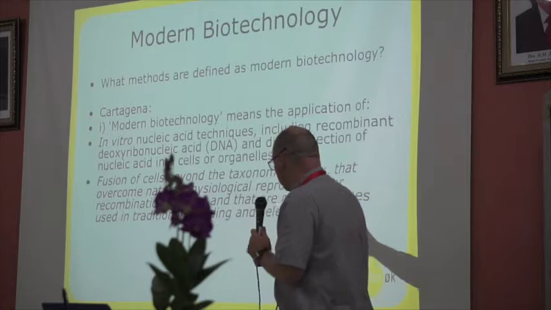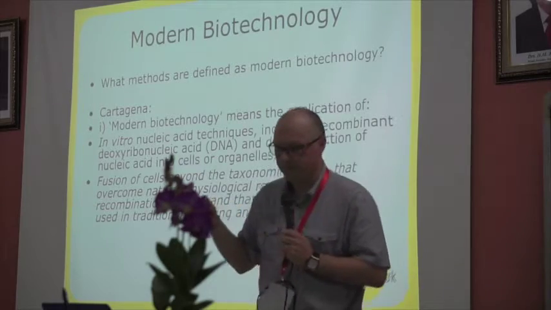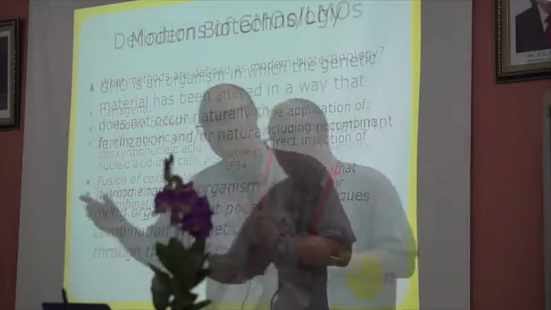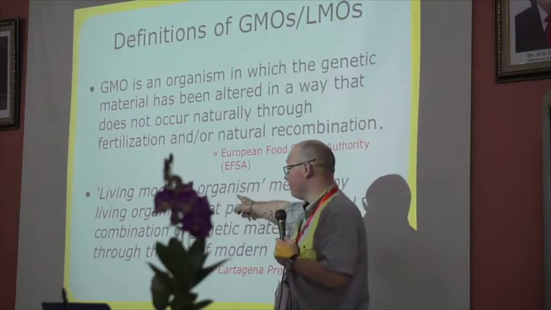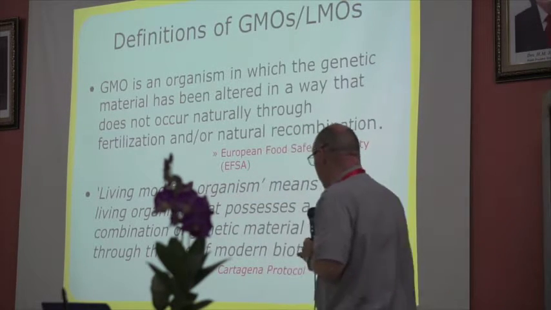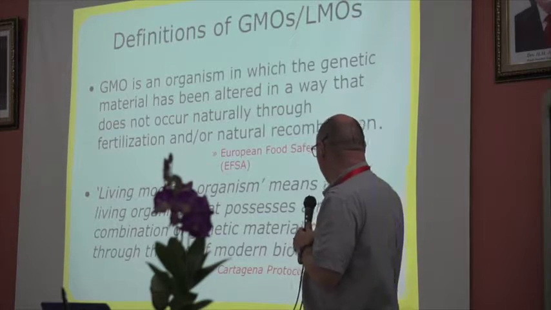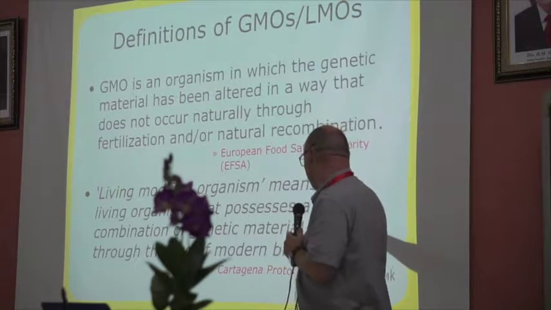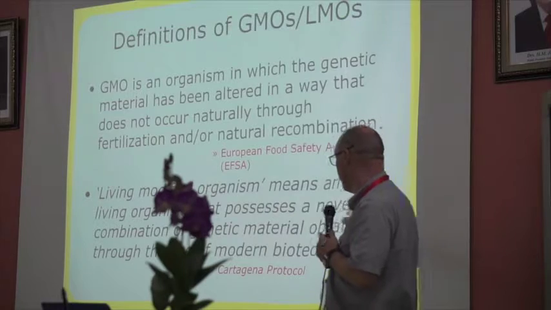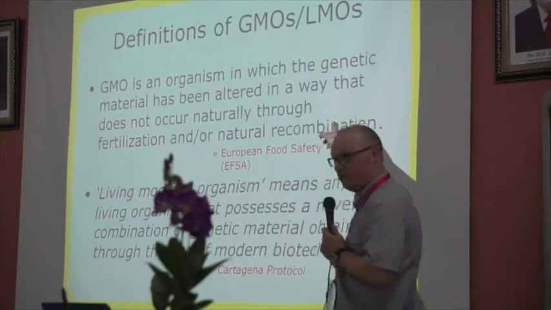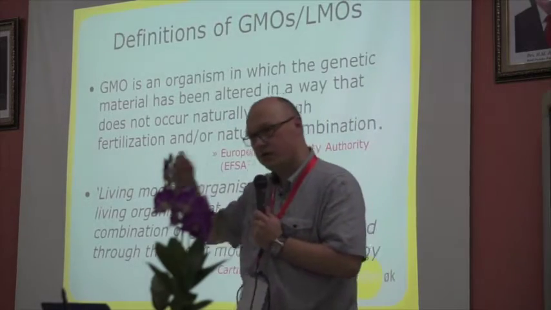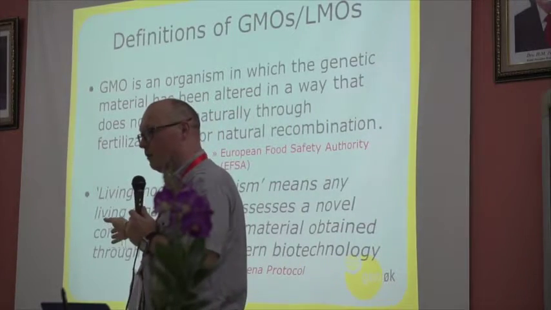If you do that, then it's modern biotechnology. Okay? So it matters because the Cartagena protocol defines a living modified organism as an organism that has a novel combination of genes made through the use of modern biotechnology, pointing back to the definition of modern biotechnology. So if you stay within that, that's going to be an LMO.